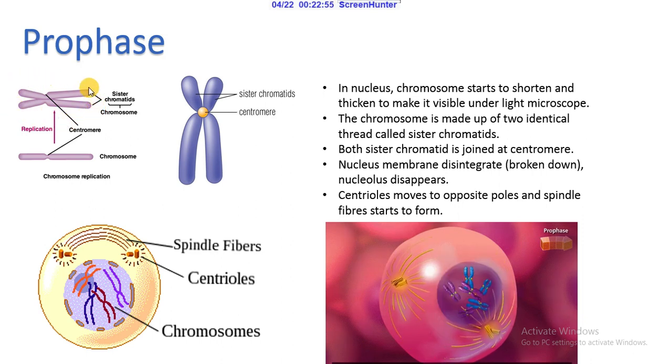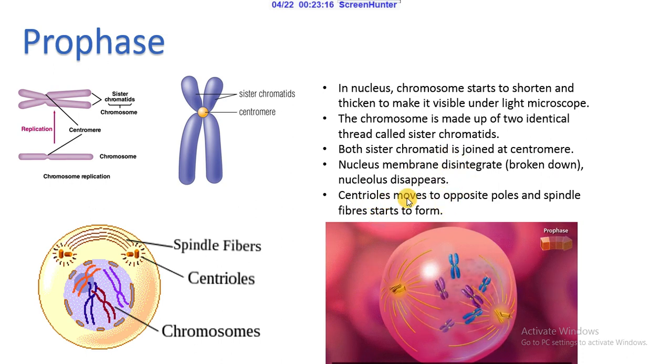Two sister chromatids make up a complete chromosome. Both sister chromatids join at the centromere. So here is the centromere, and the nuclear membrane will disintegrate and the nucleolus will disappear, because it wants to be visible under the light microscope.